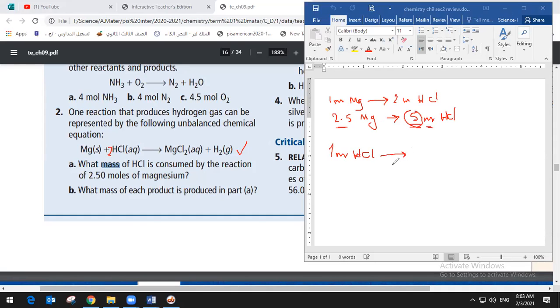The mass of hydrogen is 1. The mass of chlorine is 35.5. Can you hear me? So 1 plus 35.5 equals 36.5, about 36 grams. So 1 mole of hydrochloric acid equals 36 grams. So what about 5 moles of hydrochloric acid?